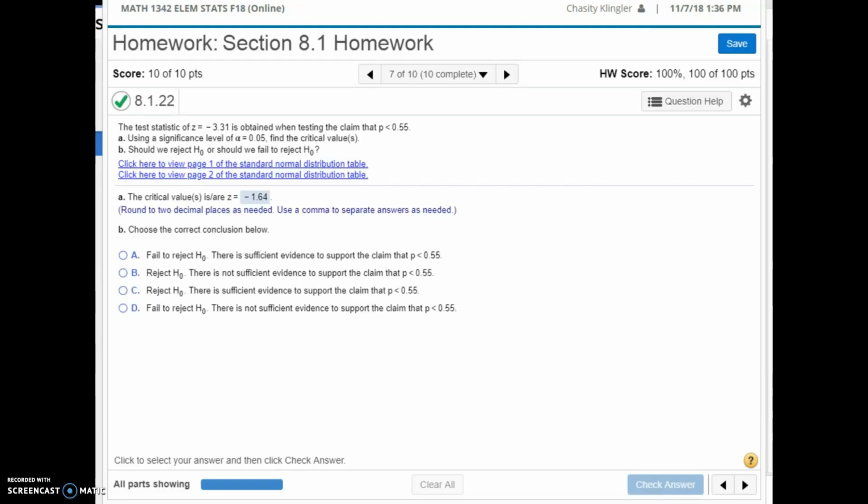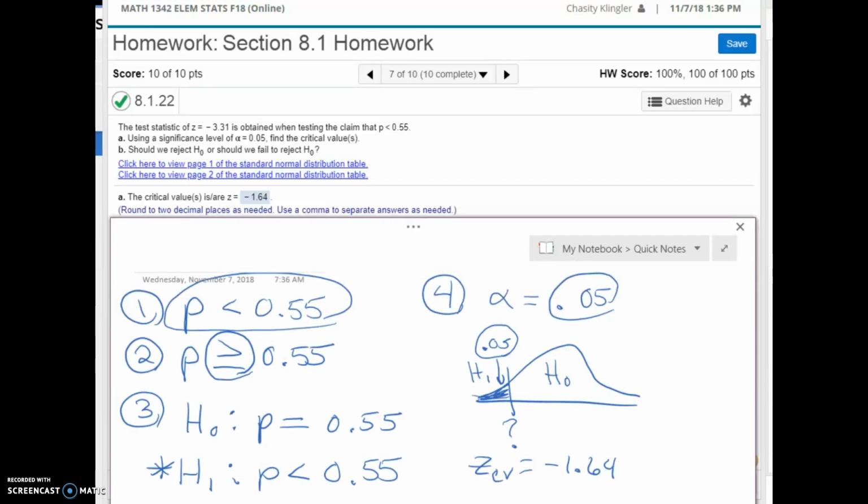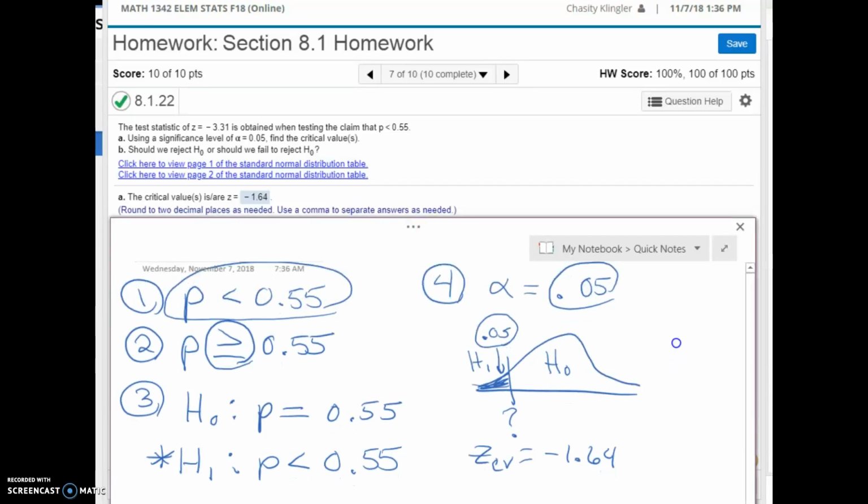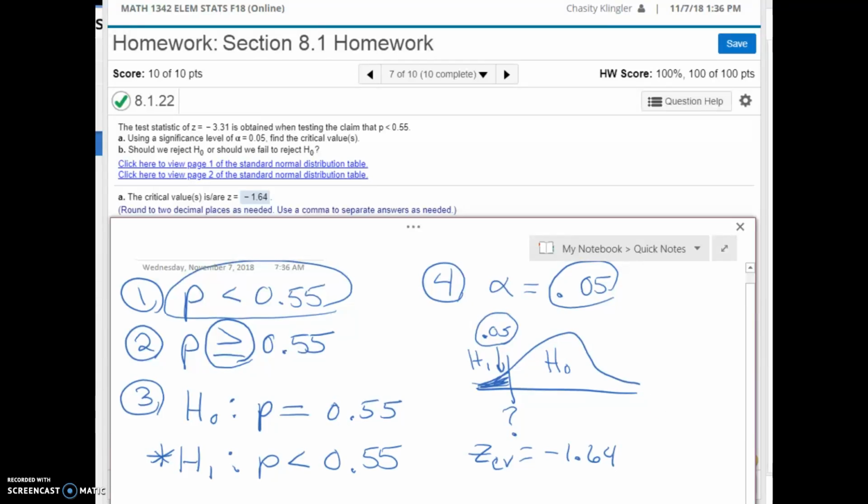Before we do that, we need to look at our picture and the test statistic that they gave us. Finding the test statistic is step 5, and they've already done that for us.